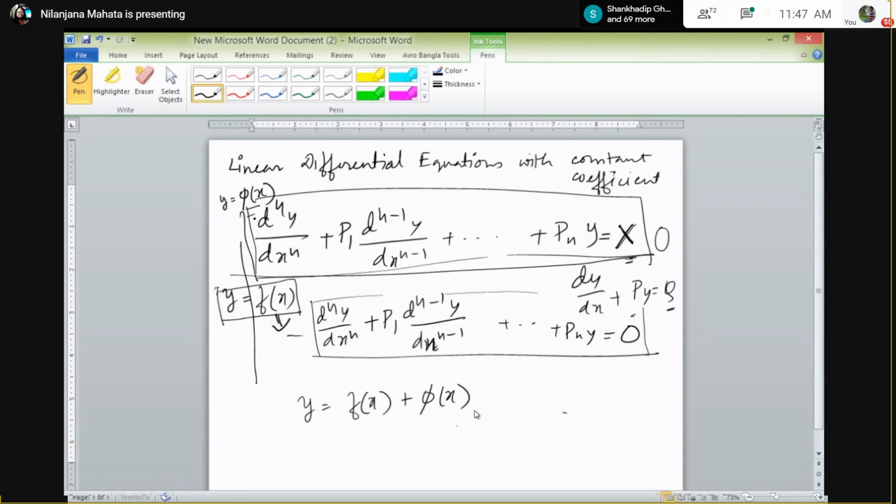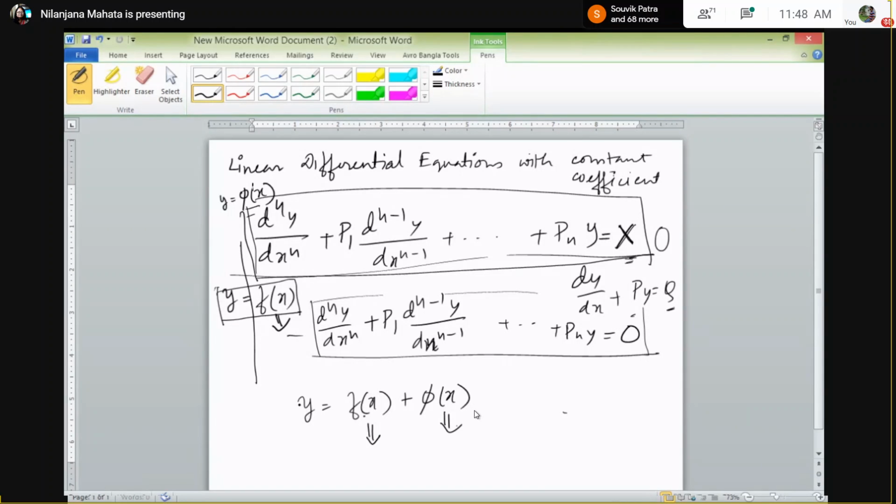That is, we will take only the left hand side, write 0 on the right hand side, and find a general solution, and there are some rules for finding the general solution of this homogeneous equation. Then we will find this f(x). Then we will try to find the particular solution which will satisfy this equation, and this is denoted by phi(x).